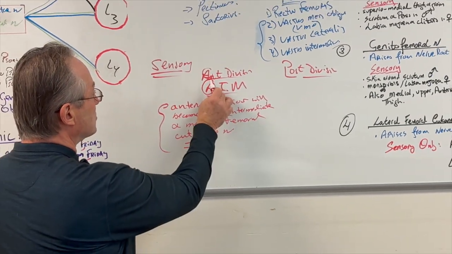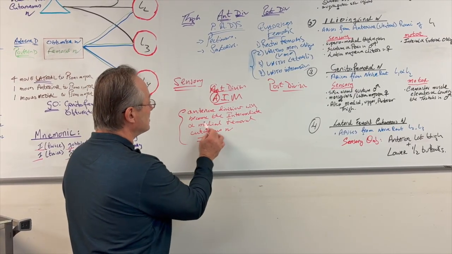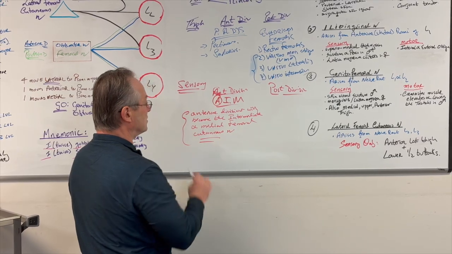Okay? So the anterior division, what arises from that is the intermediate and medial femoral cutaneous nerve.